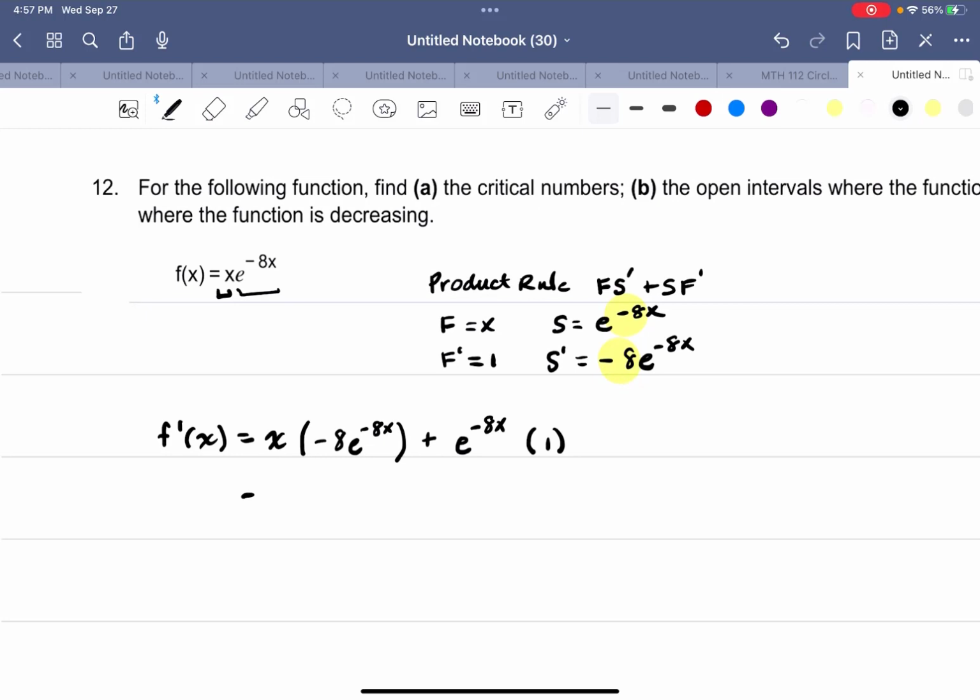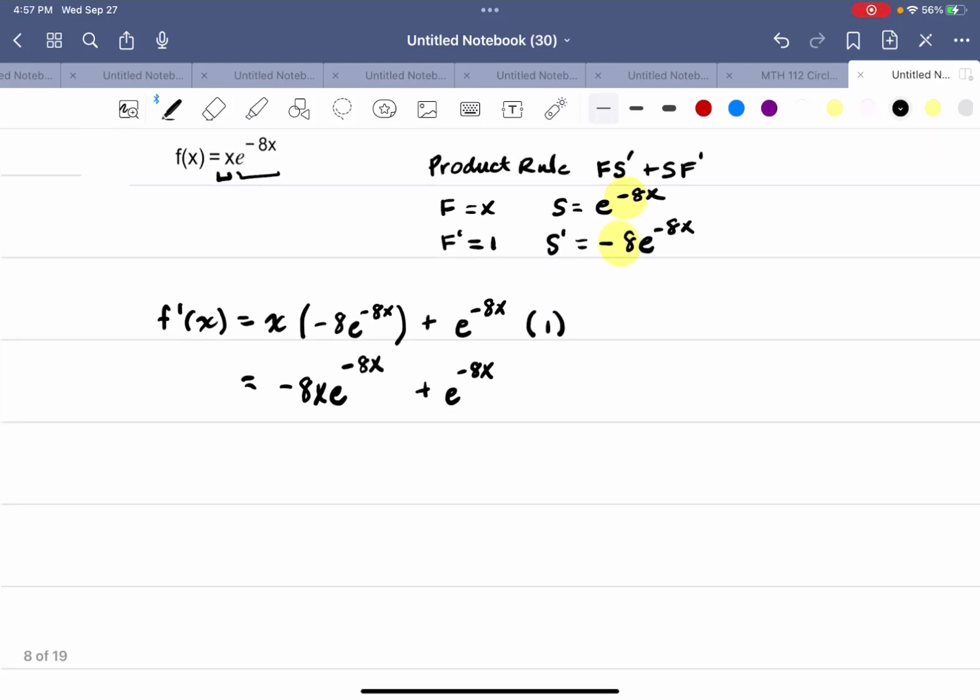And I'll clean this up a little bit by bringing the negative 8 to the front, then the x, e to the negative 8x, and that x can go in the front or the back. It just fits better if you put it in front of the e. And then this is just plus e to the negative 8x.